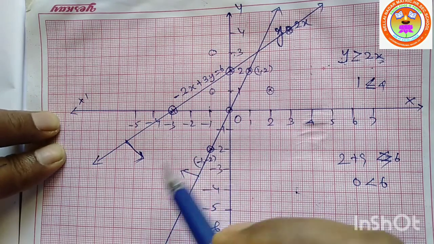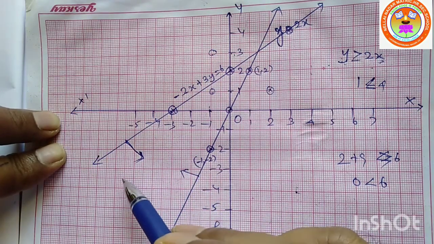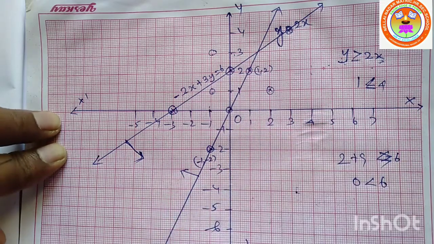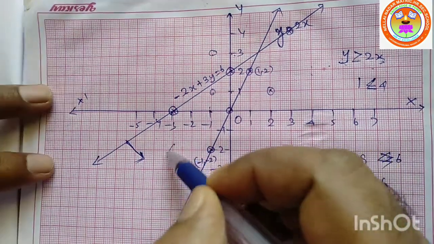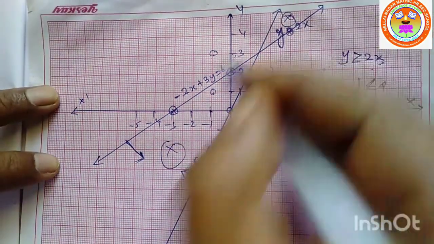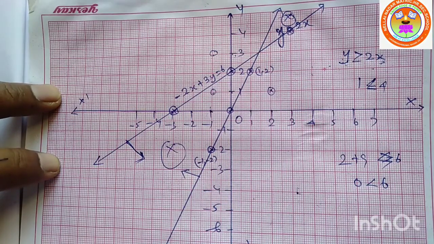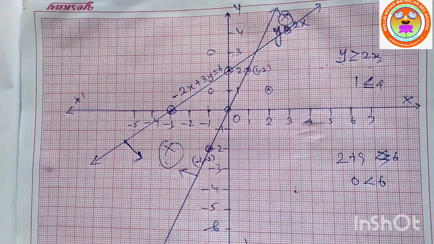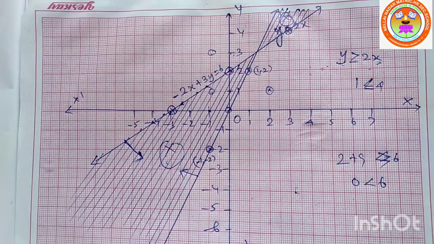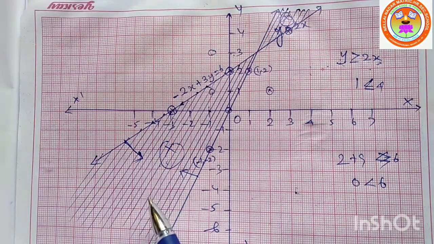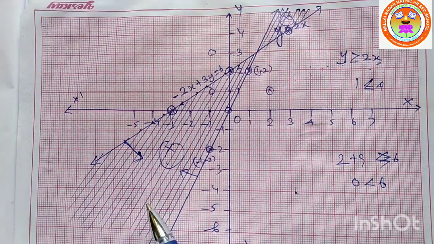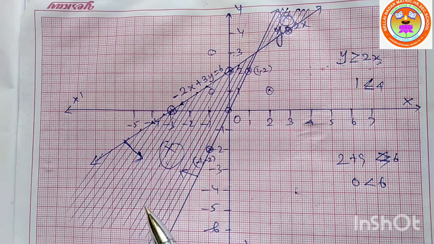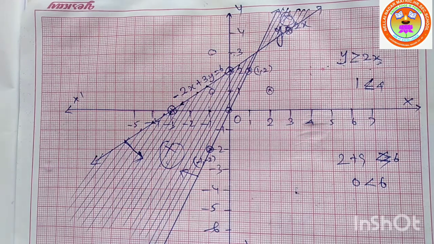So the common region for the two straight lines is this region, right? This one and this part. So we have to shade these two regions. Therefore, this shaded region represents the two inequalities. That means the region in between these lines is the required region.